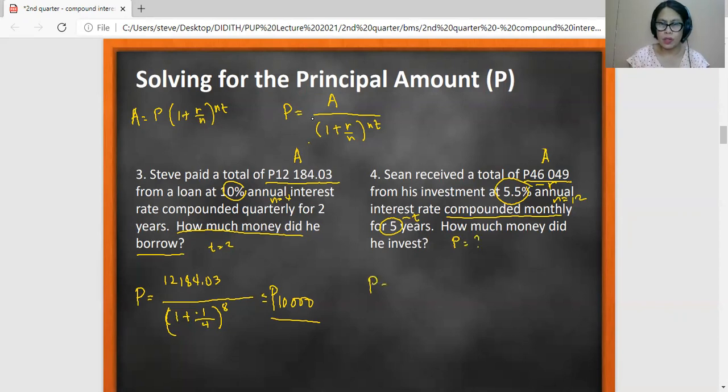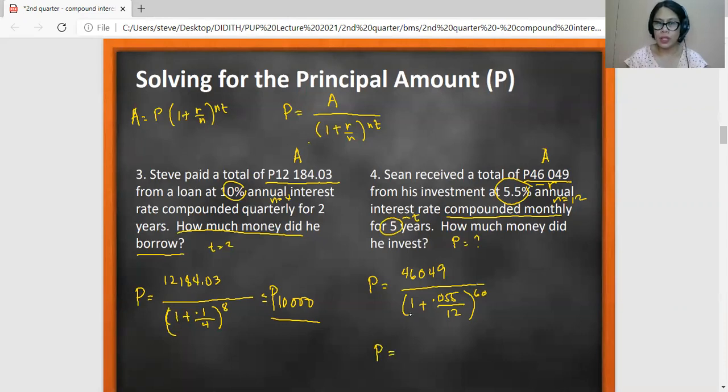So P equals the final amount, 46,049, all over 1 plus the interest rate of 5.5%. So this is 0.055 all over 12, to the power of n, that's 12 times 5. So this is to the 60th power.